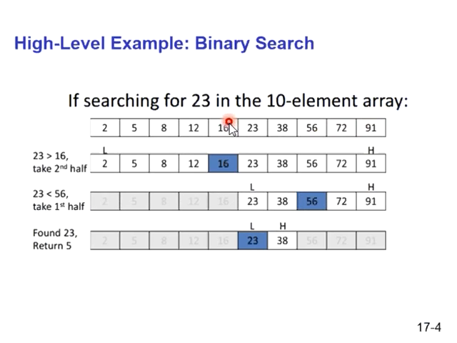We need to find the midpoint over here, 16. The midpoint means the index for the value 16, and we compare and we see 33 is greater than 16, so we go to the upper half to find the value we want.